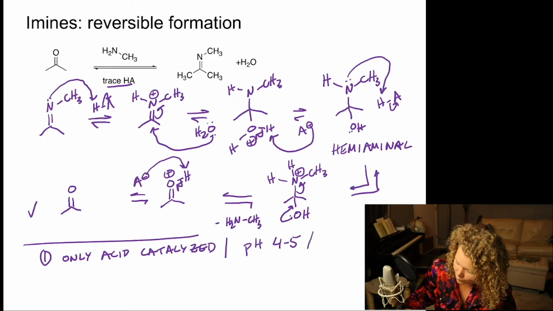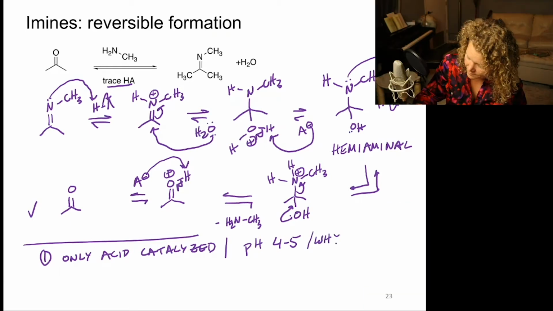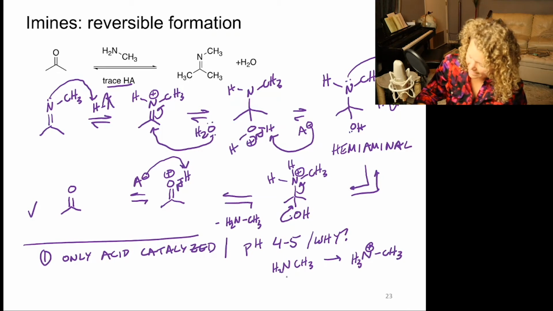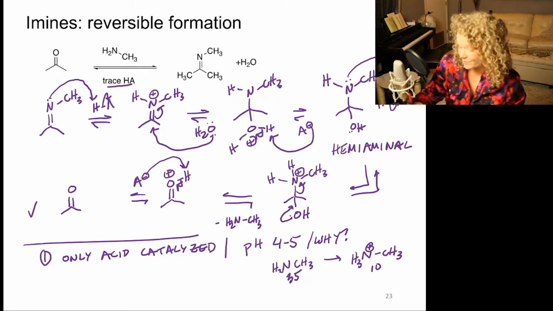And the reason why is because our amine could get protonated very easily if we have too much acid. This has a pKa of around 35, whereas this protonated amine has a pKa of around 10.